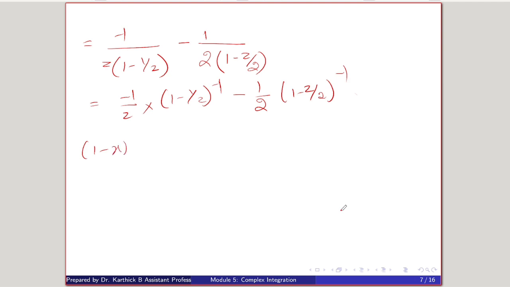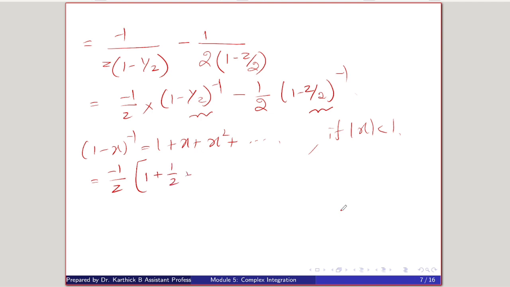1 minus x power minus 1 can be written as 1 plus x plus x square and so on, if mod x is less than 1. So already we know that 1 by z is less than 1 and z by 2 is less than 1. So we can use this binomial expression here. It will be 1 plus, in the place of x, here it is 1 by z.